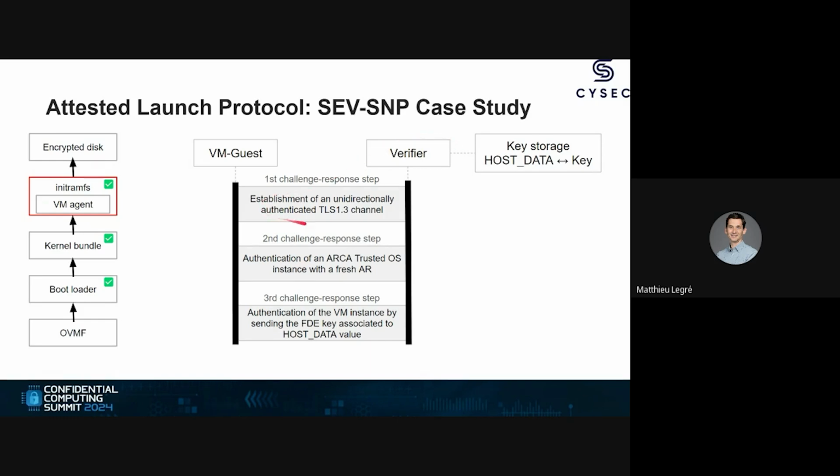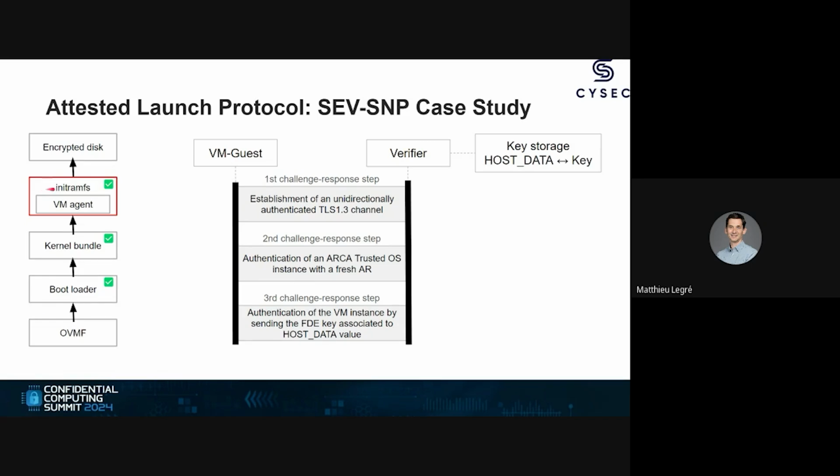After the first step, what we want to be able to do is to establish a unidirectionally authenticated TLS channel between the agent and the verifier. So why unidirectionally authenticated? It's because all those pieces of software in Arca Trusted OS are in clear. So this means that there is no way to put any secret, or at least any secret that cannot be seen by the host of the cloud.